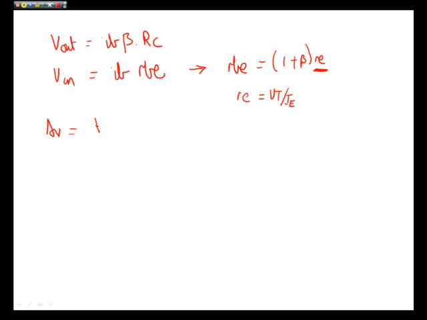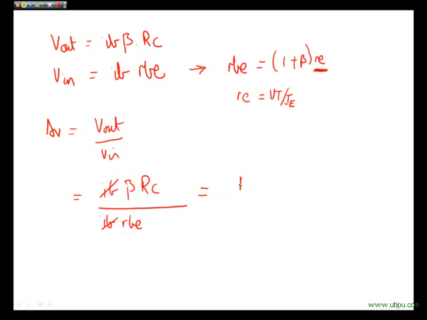Right, let's calculate our value now of AV. AV equals Vout divided by Vin. So we just substitute these values in. IB beta RC, all divided by IB RBE. Straight off we can cancel IB because it appears on the top and the bottom. I'm going to go across here again and simplify by expanding out RBE.